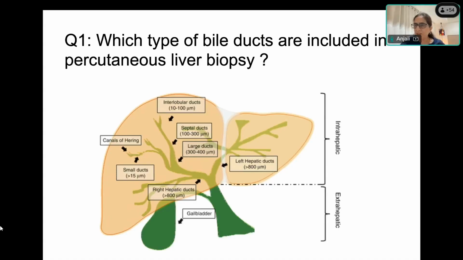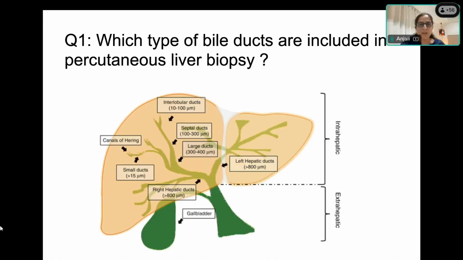Obviously, these are intrahepatic, but among intrahepatic, would you like to say medium size, small, or larger ducts? Ma'am, larger ones. Larger ducts. Then Meghparna. Ma'am, I think the small and medium size would be included, and the large one would be excluded. Large size, I mean. Yes.